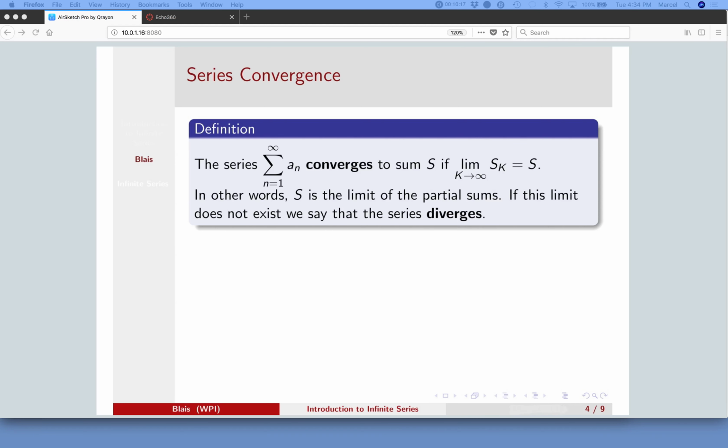You can also visualize this a little bit by relating it to improper integrals. Let's think back to our lecture on improper integrals.